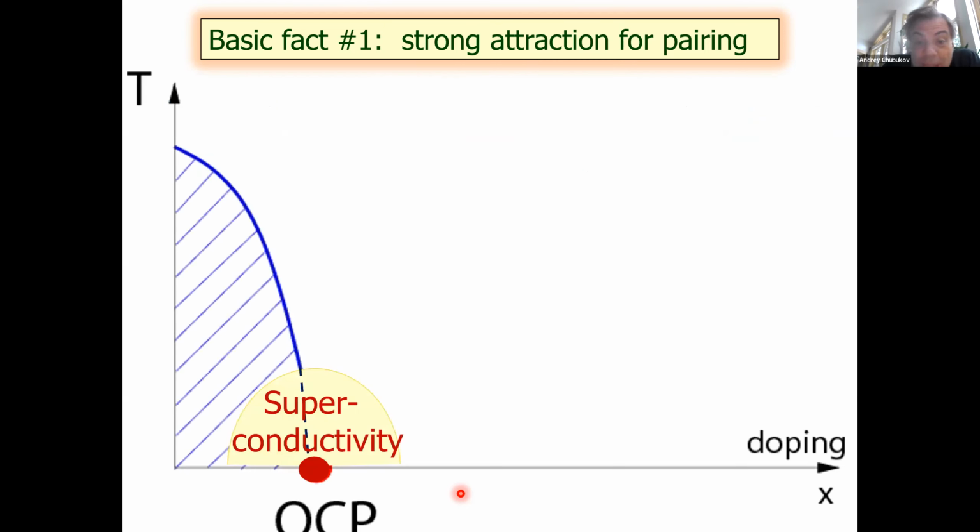So if you just leave it like this, you can say, obviously, to have a dome of superconductivity close to the endpoint of some other order is sort of an obvious thing because you have an attractive interaction mediated by a soft fluctuation. Soft fluctuation means that the corresponding bosonic propagator is enhanced, so obviously it enhances the coupling constant for superconductivity. So this is the simple part of the story.